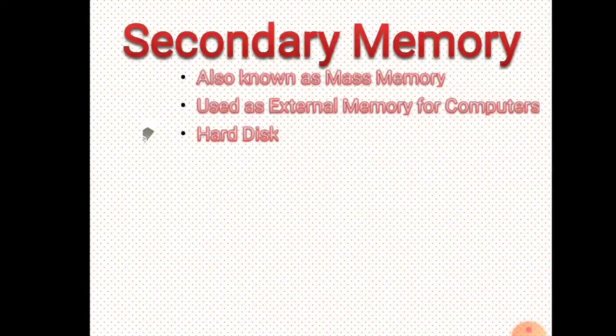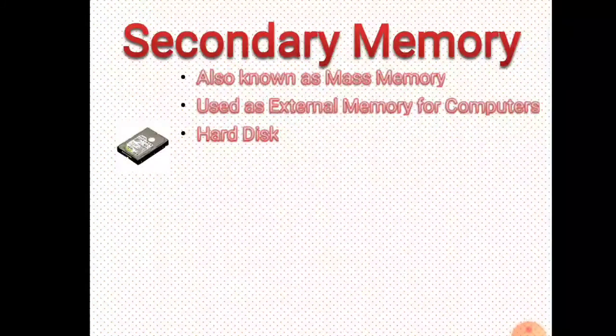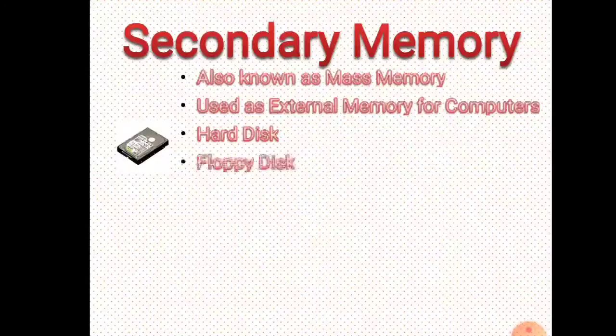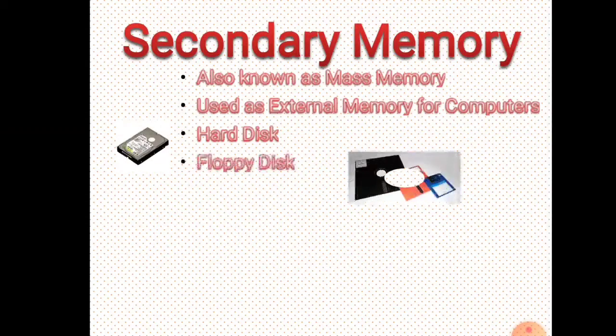First see the hard disk. This one is your hard disk. It is packed and stored inside the CPU cabinet. Earlier, to transfer data, we used these types of floppy disks. These are of different sizes: 3.5 inch and 5.25 inch.